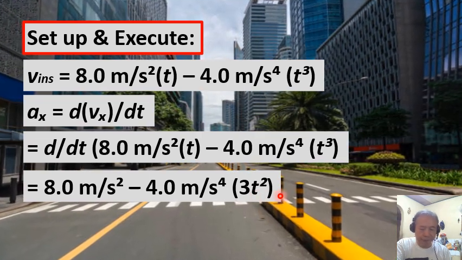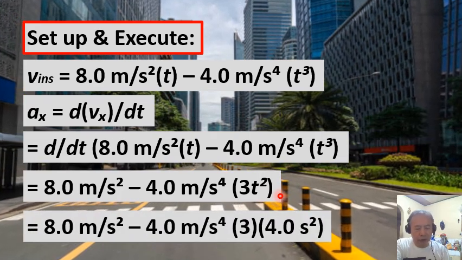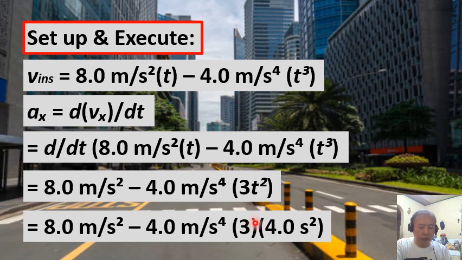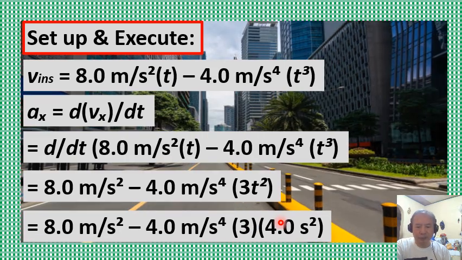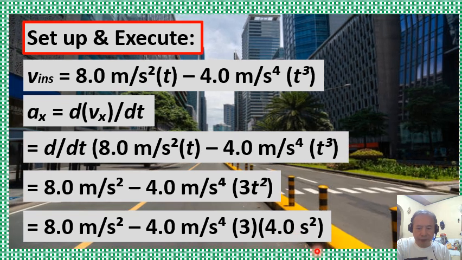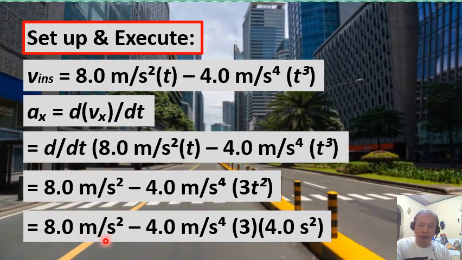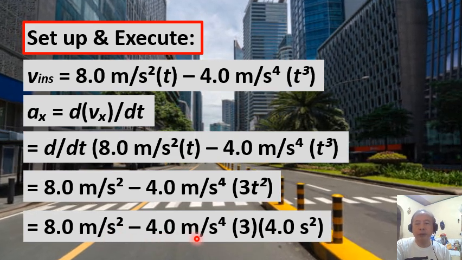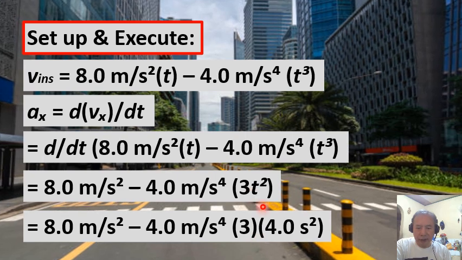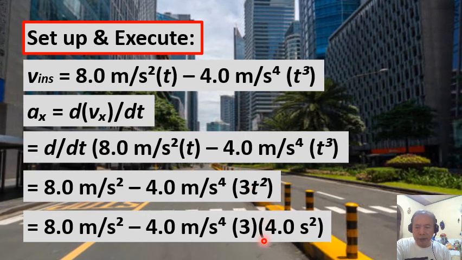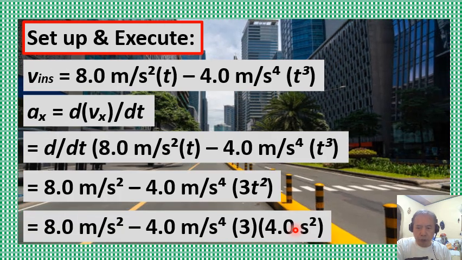So with time t equals 2.0 seconds, we now get the instantaneous acceleration equal to 8.0 meter per second squared minus 4.0 meter per second to the fourth times 3 and multiplied by 4.0 second squared.